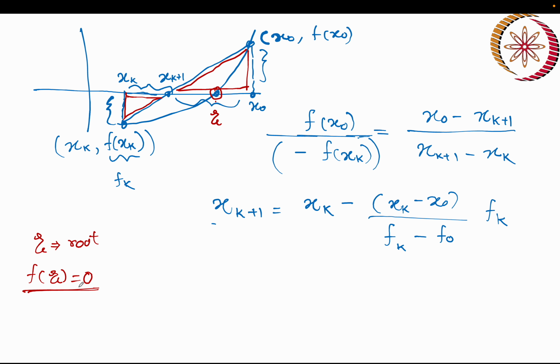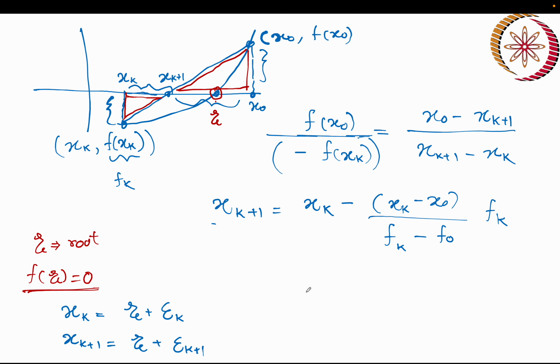Let's say xk is equal to xi plus the error in the root at kth iteration, and xk plus 1, if we do the next iteration, there the error will be epsilon k plus 1.